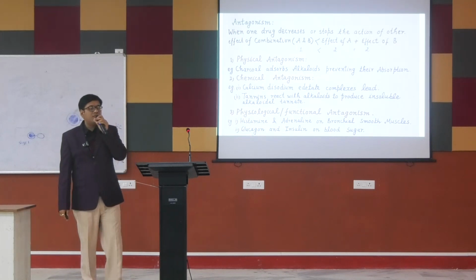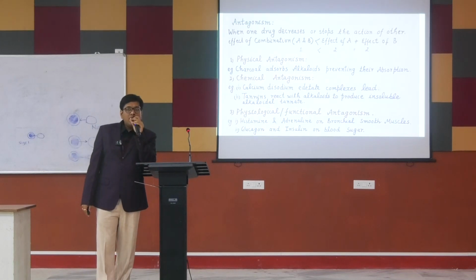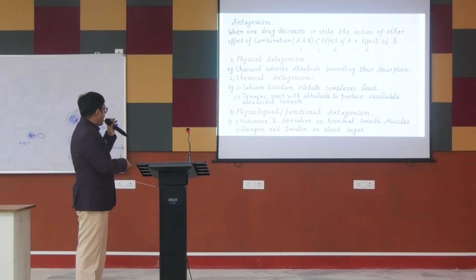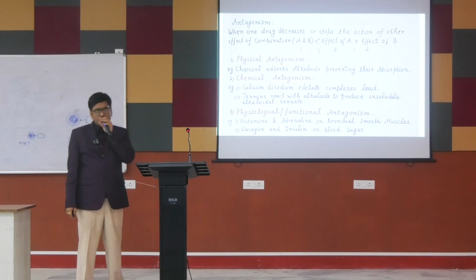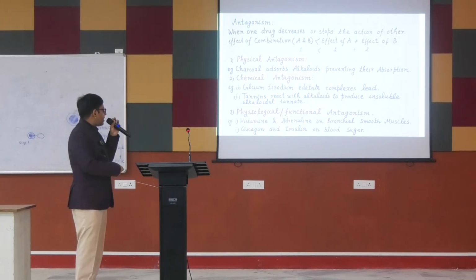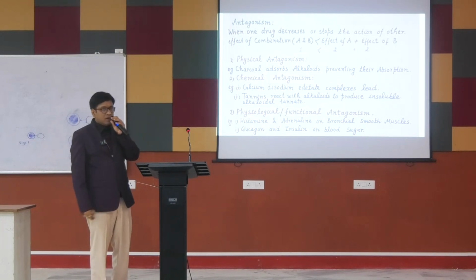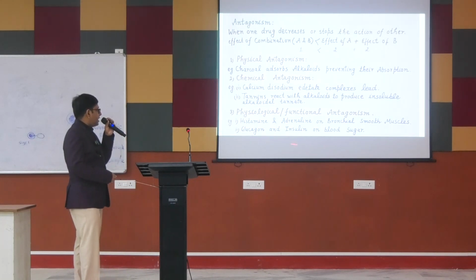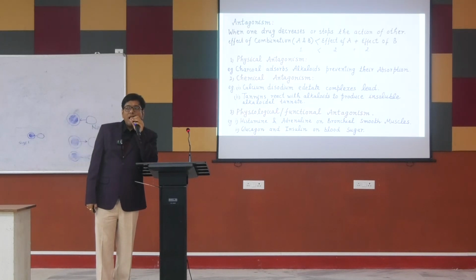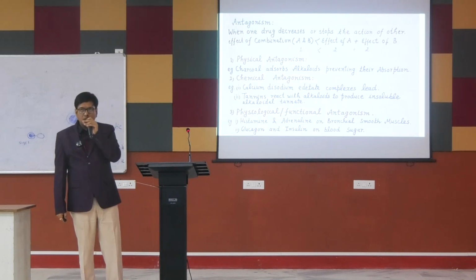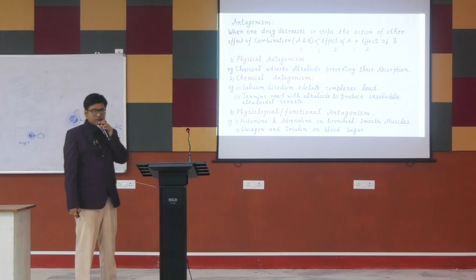Physiological or functional antagonism means action of one drug alters the physiological effect of another. Like, see, glucagon and insulin. Insulin is a drug that reduces blood sugar level, and glucagon is a drug that increases blood sugar level. So if the two of them are given together, effect of one drug will neutralize partially or completely the effect of another. So you will get effect of none. This is called physiological antagonism.